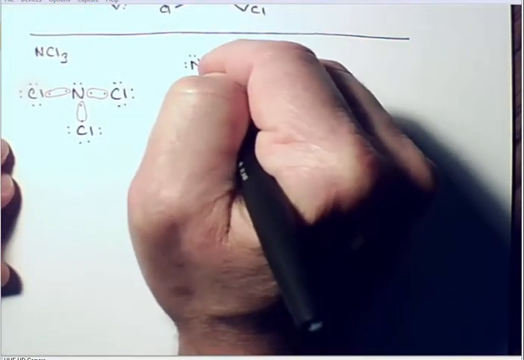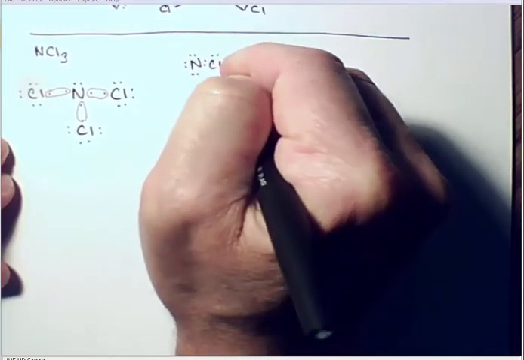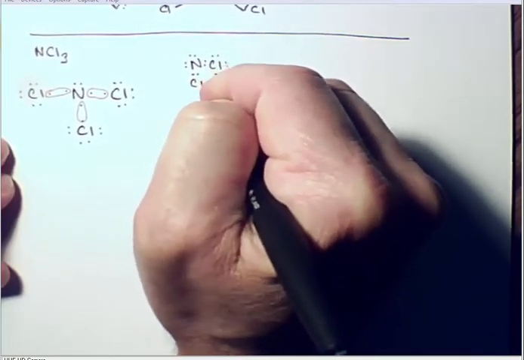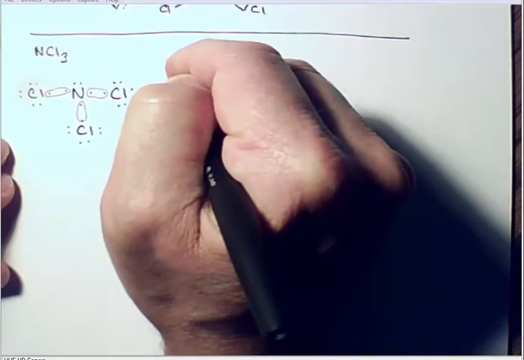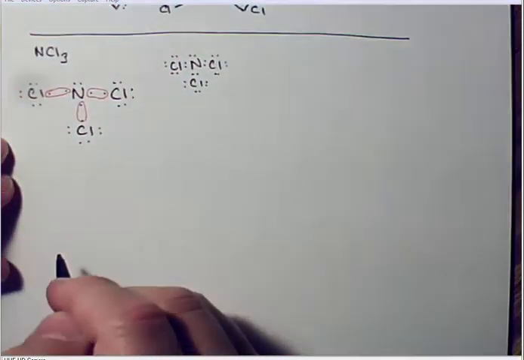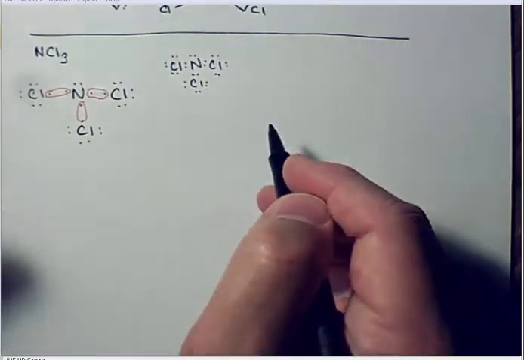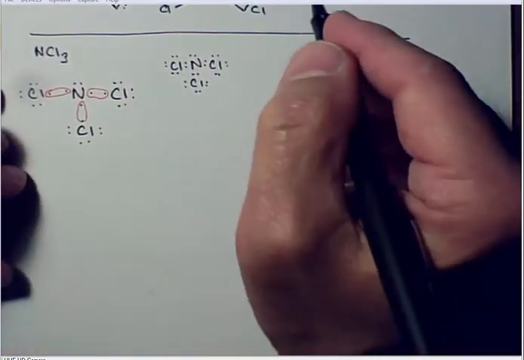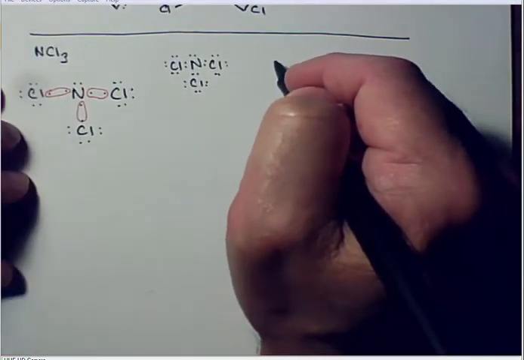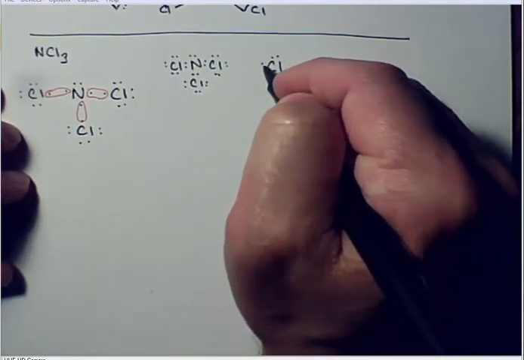The Lewis dot formula then looks like this. Okay? And I didn't ask you to draw the Lewis formula. In fact, you don't have to have the Lewis formula to do the rest of it, but it's a good thing to know because you need to know what the Lewis formula is.